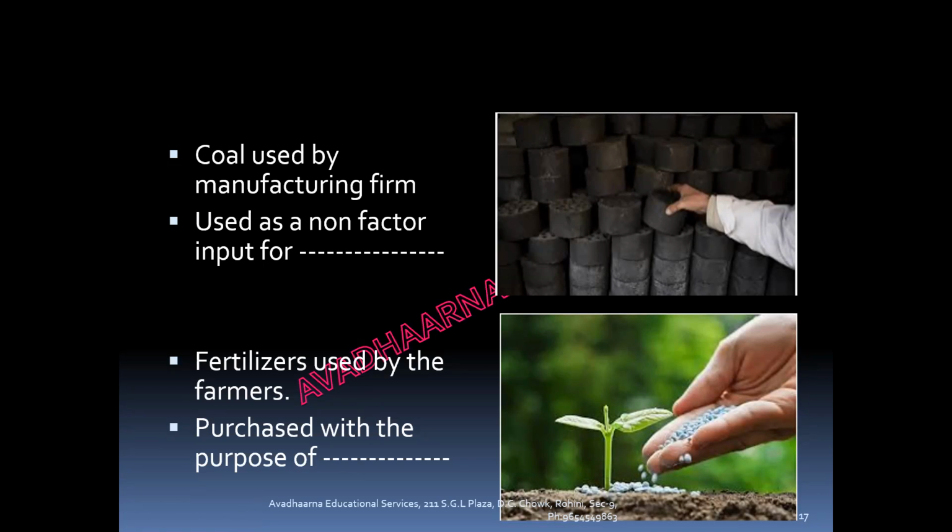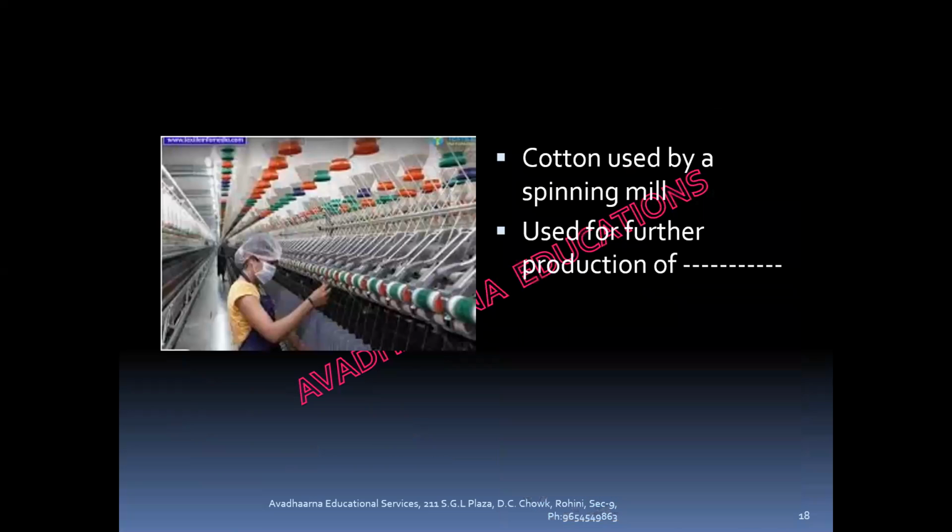So again, the fertilizers will be used as an intermediate product by the farmers. Cotton used by a spinning mill will be an intermediate product because it is used for further production of cloth during the same year.